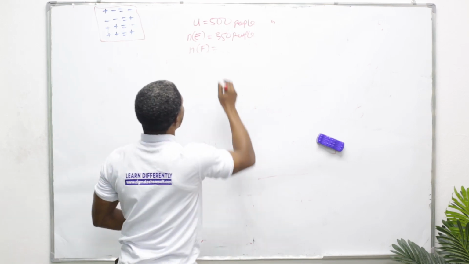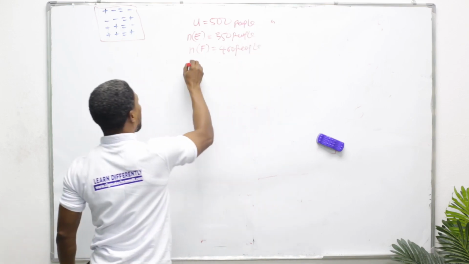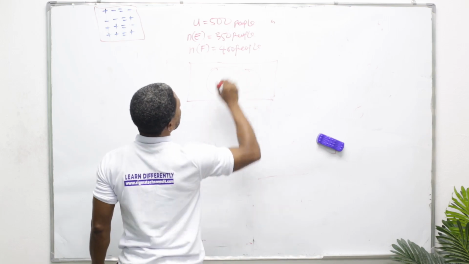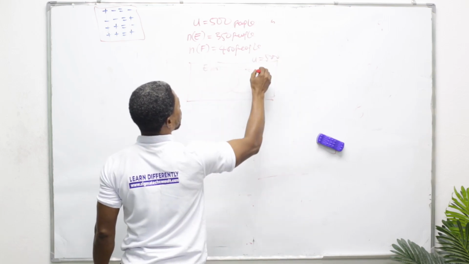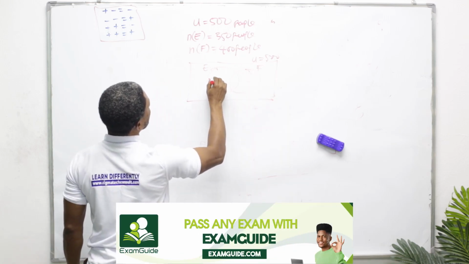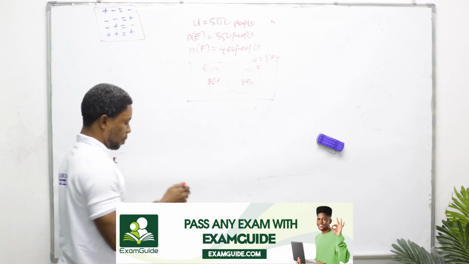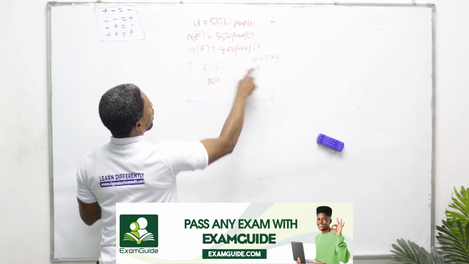French is 400 people. Now, if I may draw this, this is what they are saying. Union is 500. This is English. This is French. So you now have English is 350, 400 is for French.